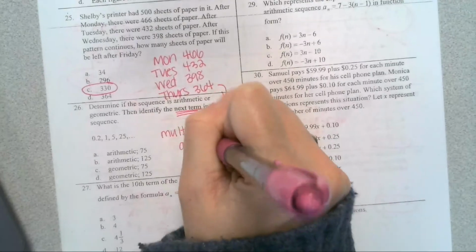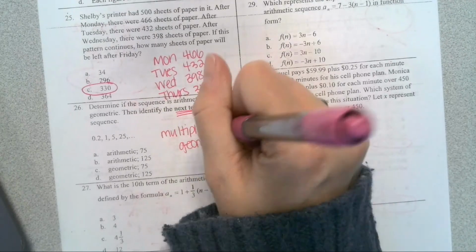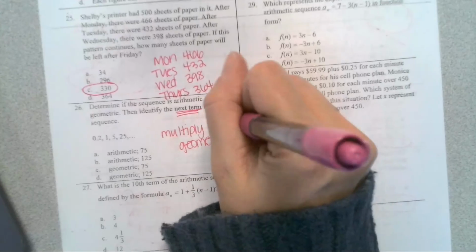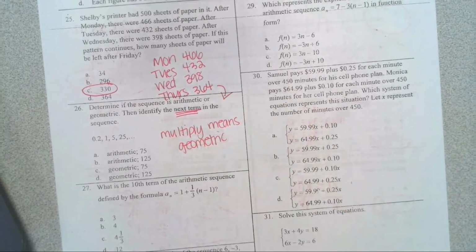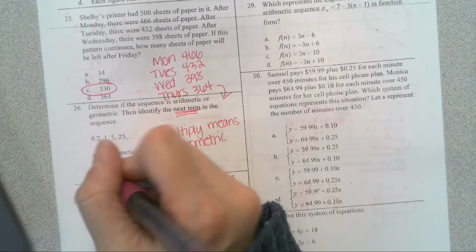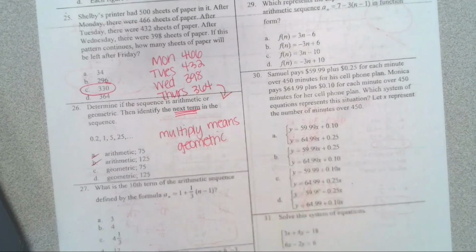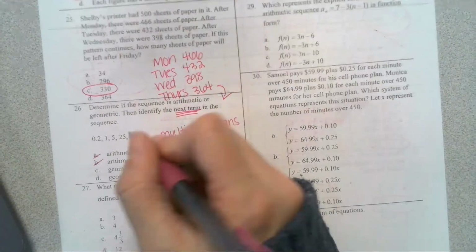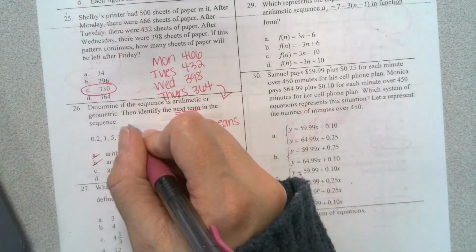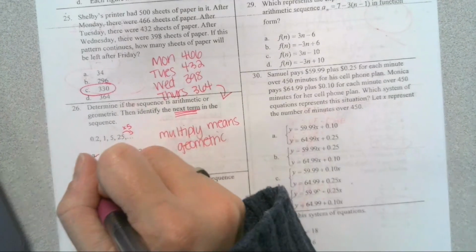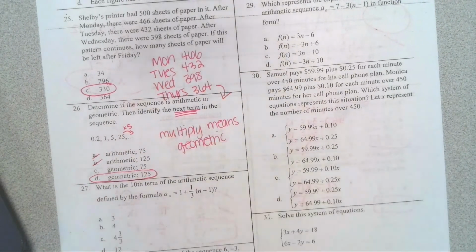Write it down. Multiply means geometric. So A and B are out. What are you multiplying by? 5. So what's 25 times 5? It's 125. So D is the answer.